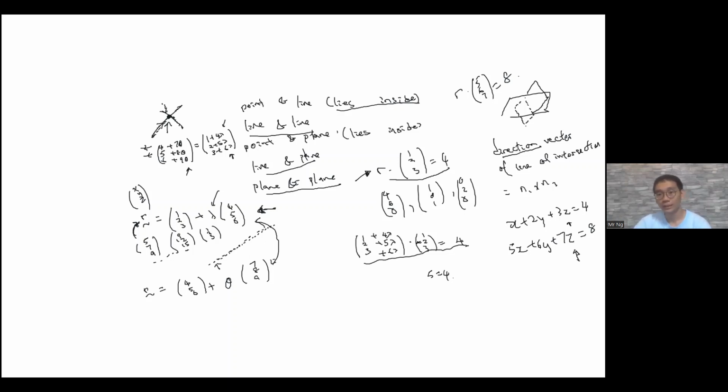So let's say 1, 2, 3 cross 5, 6, 7 equals, for example, 1, 1, 0. So the vector equation of the line will be something plus lambda 0, 1, 1.